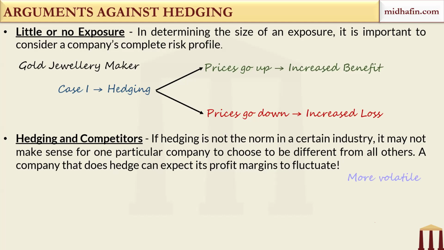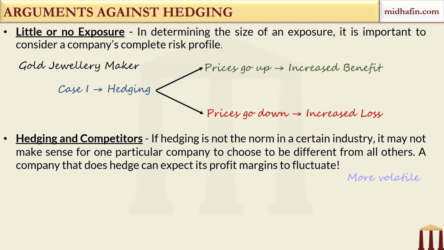Okay, so let's come back to this example of the gold jewelry maker. Suppose the gold jewelry maker hedges the price of gold where competitors are not doing it. Competitors are not hedging the price of gold, so the market is completely open.